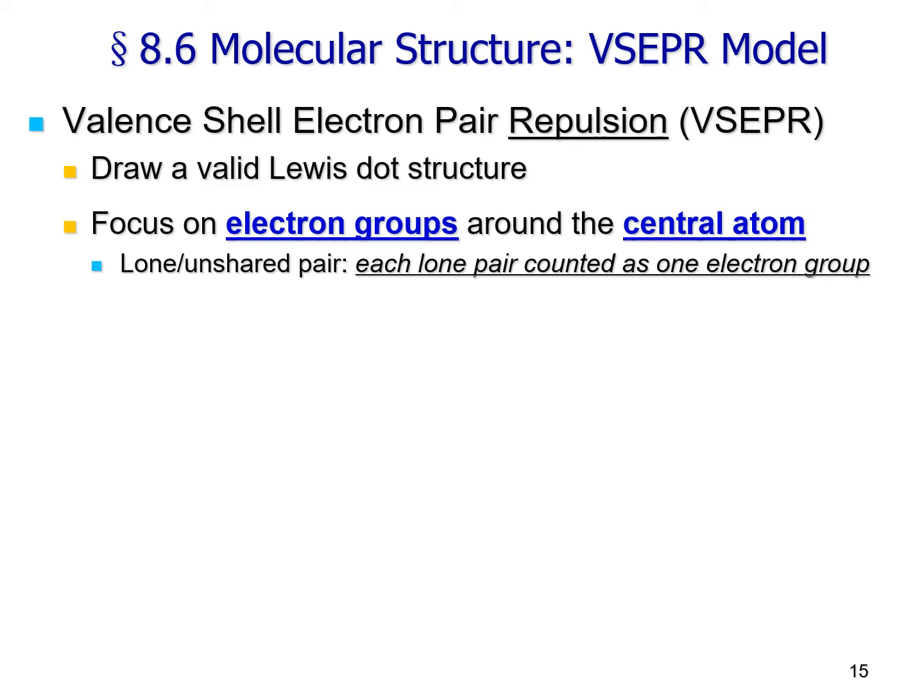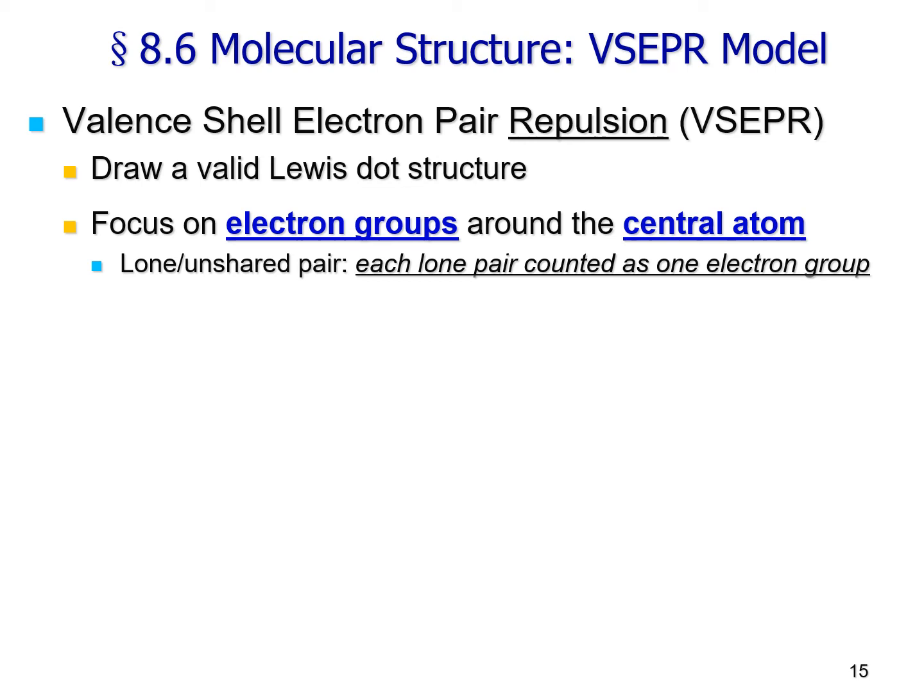We count each lone pair as one electron group. Remember, lone pair electrons will occupy an entire one side of the chemical symbol.